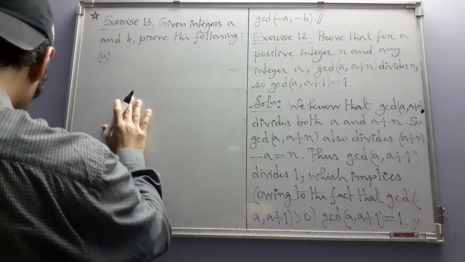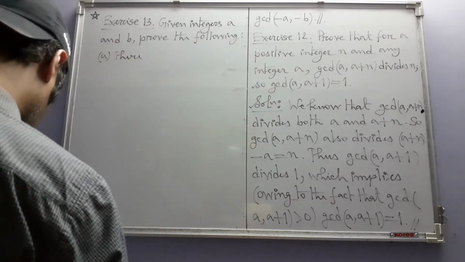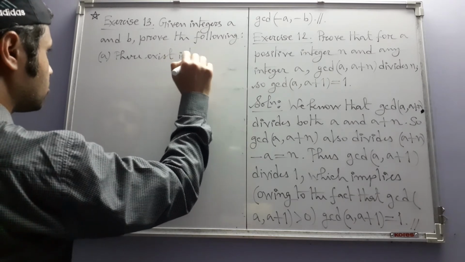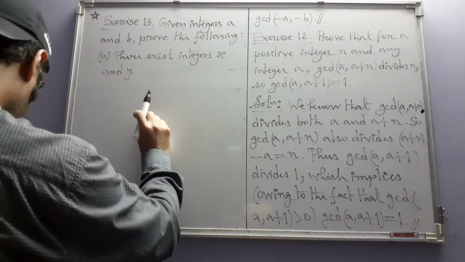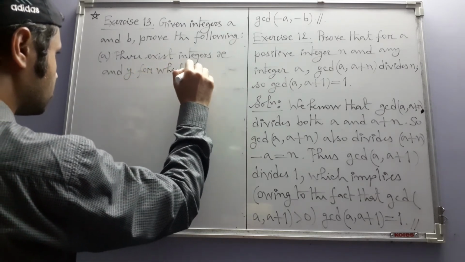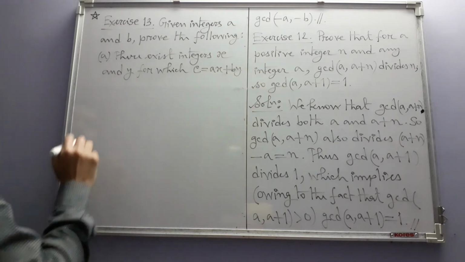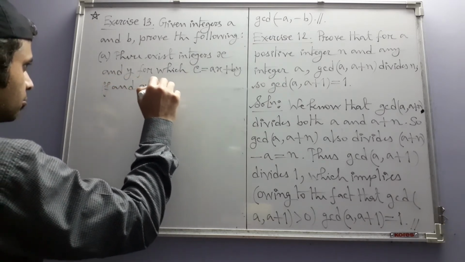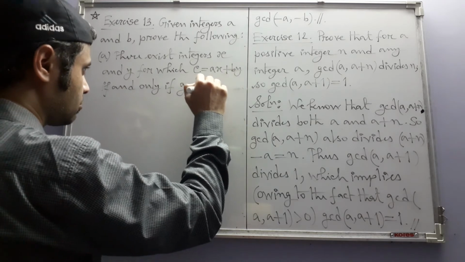Part A. There exist integers x and y for which c is equal to ax plus by, where c is also some integer, if and only if the greatest common divisor of a and b divides c.